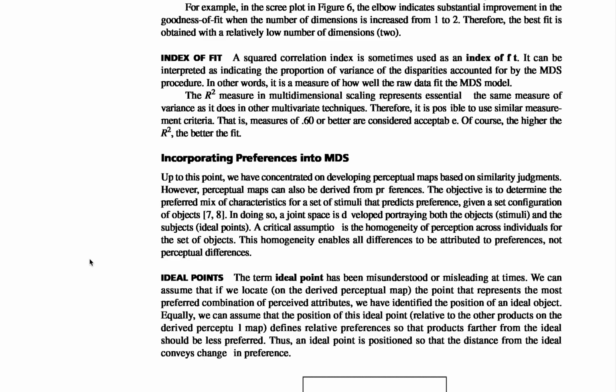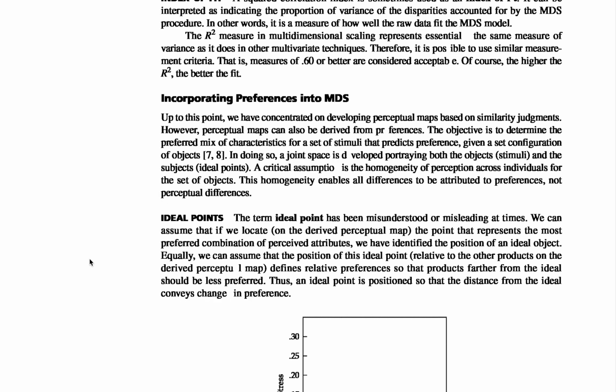The R2 measure in multidimensional scaling represents essentially the same measurement of variance as it does in other multivariate techniques. Therefore, it is possible to use similar criteria: a measurement of 0.60 or better is considered acceptable, and the higher the value, the better the fit.